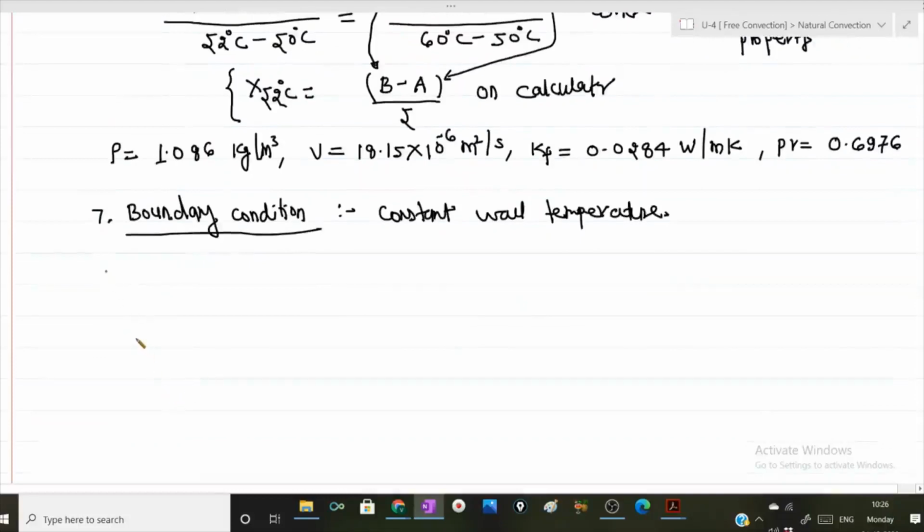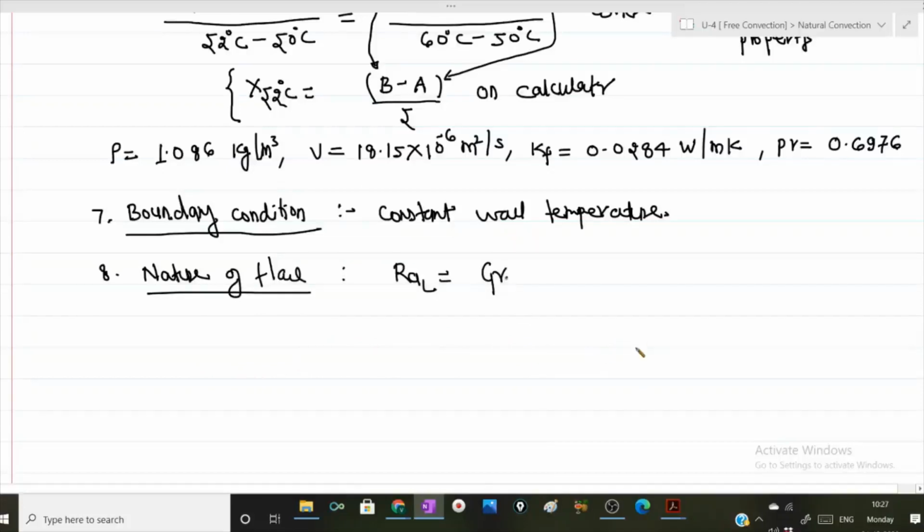Now, step number 8 is nature of flow. So, how do we calculate nature of flow in free convection? By calculating the value of the Rayleigh number, which is the product of Grashof number into Prandtl number.